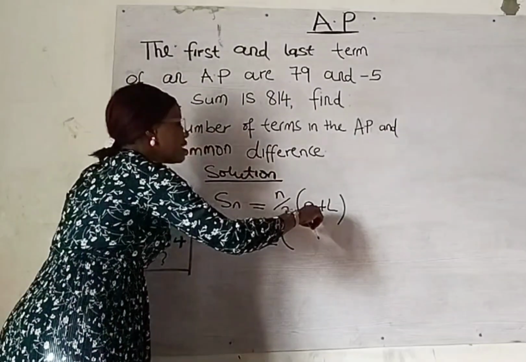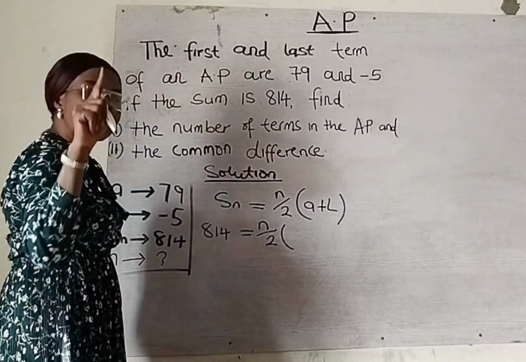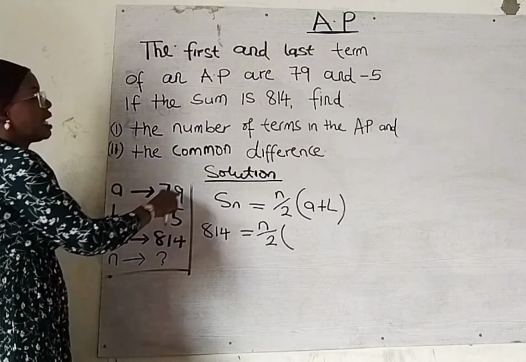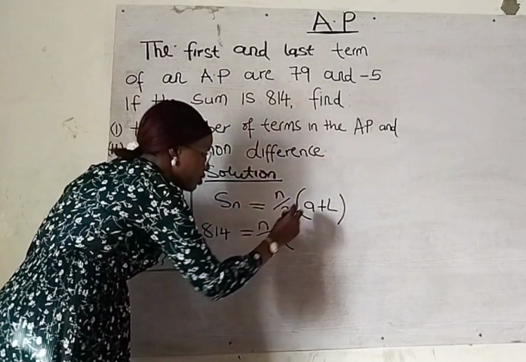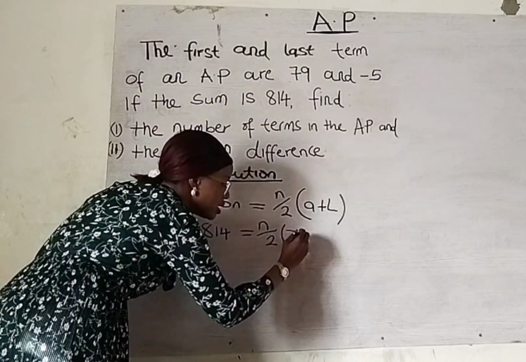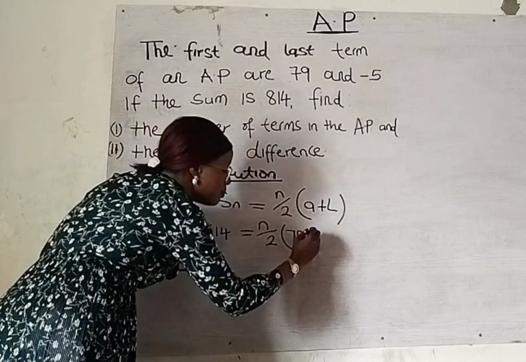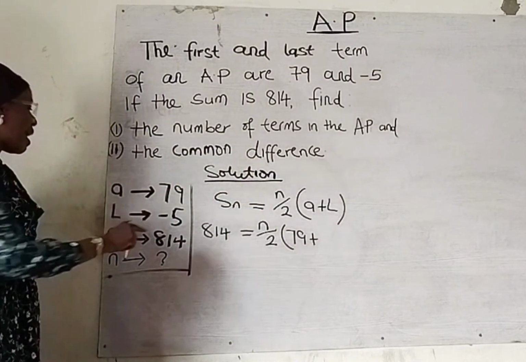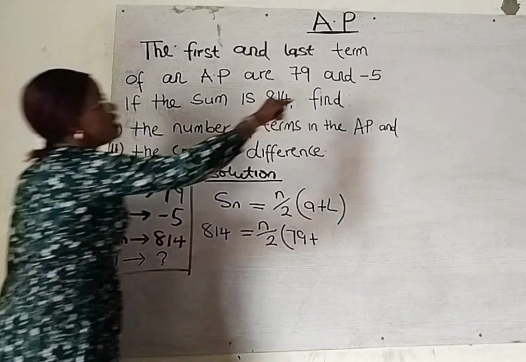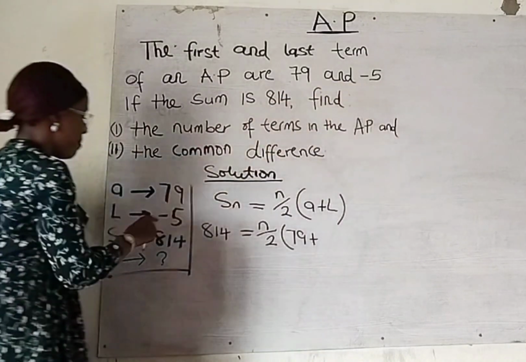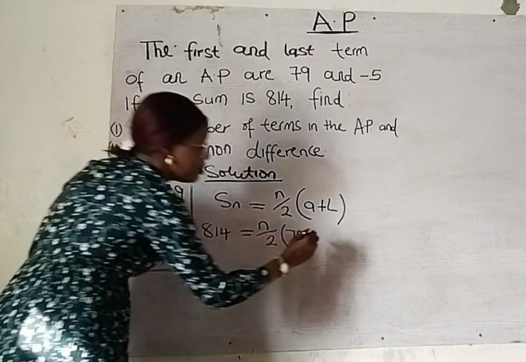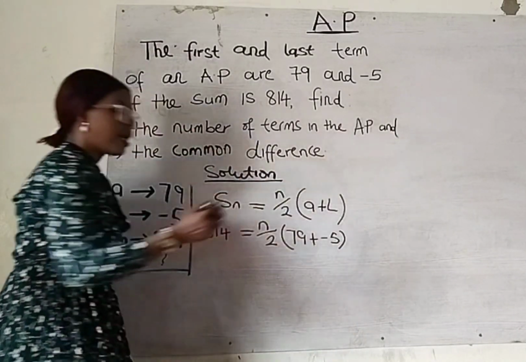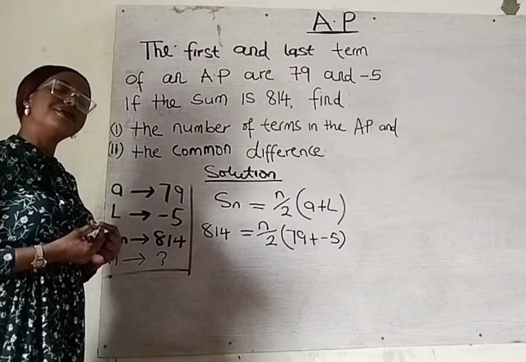A, as I said, stands for the first term, and you have it in this question as 79. So I substitute 79 here, put my plus. L stands for the last term, and this question says it is minus 5. So I put minus 5. Close the brackets. Are you following?